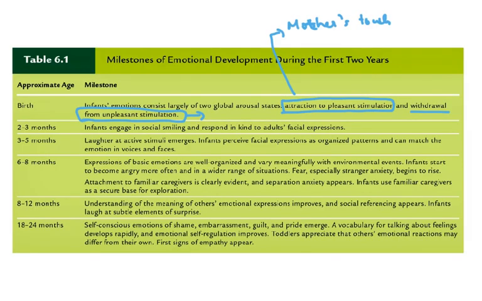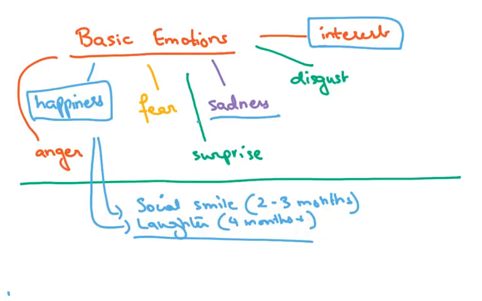Then at 2 to 3 months, it's not just that they are smiling. The social smile, it's basically called a social smile because at birth as well, infants do smile, but it's usually in response to something like passing gas. Social smile comes about when there is a gain in perceptual development, right?